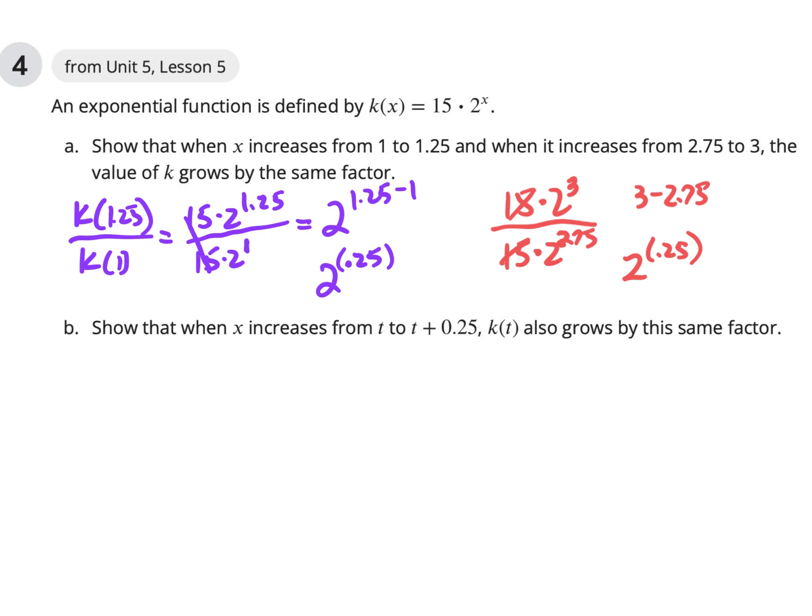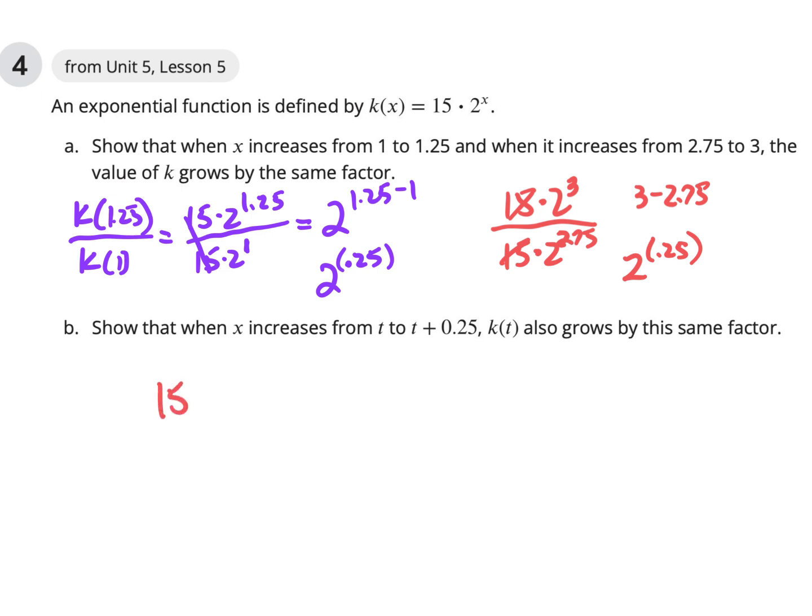Show that when x increases from t to t plus 0.25, k also grows by the same factor. Well, we just did it. Why do we have to subtract again? Basically, what they want us to do is substitute x for t and t plus 0.25.